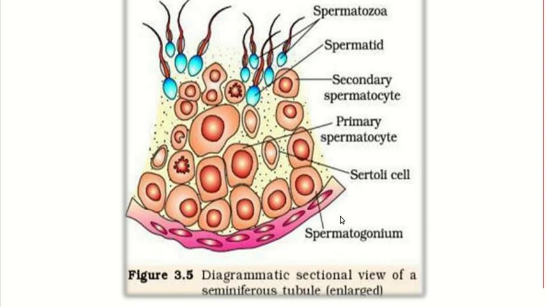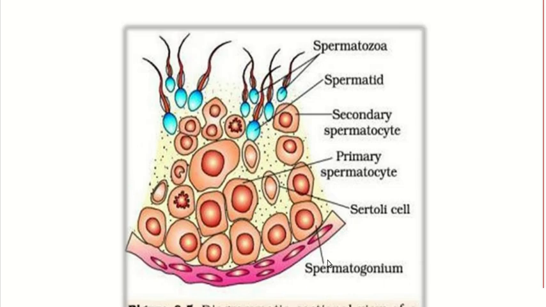Then the next one, this might be given for 3 marks, the diagrammatic sectional view of seminiferous tubule. So there is spermatogonium, Sertoli cells, primary spermatocytes, secondary spermatocytes, spermatids, which are going to function later as the sperms, the spermatozoa. So all this labeling of seminiferous tubule, for 3 marks they might give you 6 labelings with half mark each.